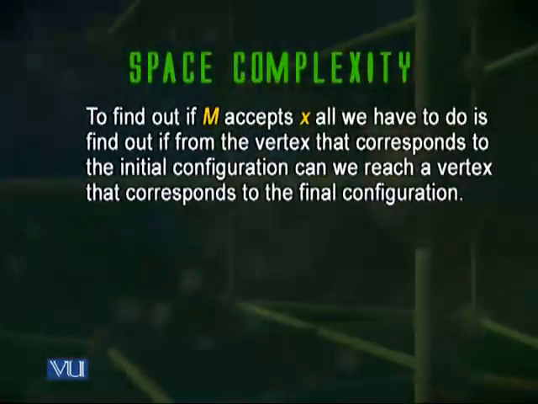This graph is going to be summarizing how M will behave on the input X. To find out if M accepts X, all we have to do is find out if from the vertex that corresponds to the initial configuration, we can reach a vertex that corresponds to the final configuration.